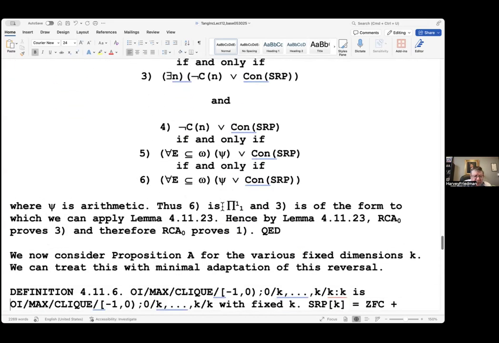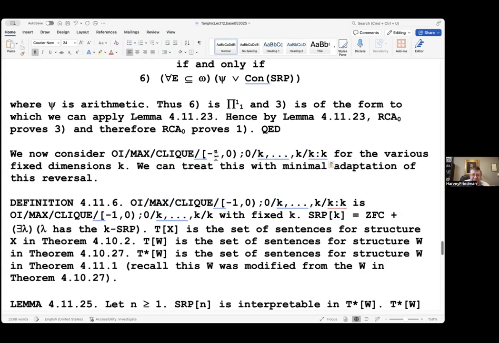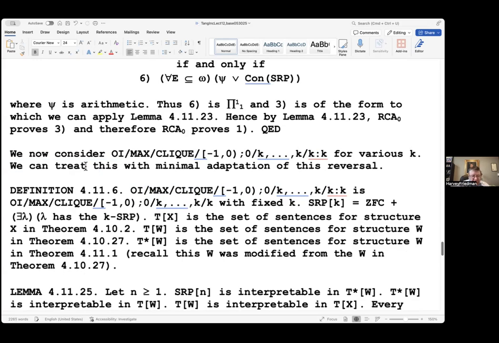Now, the last topic I promised is we look at this statement for the various K. Okay.